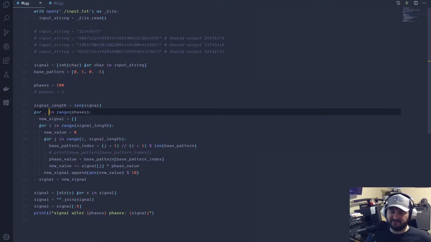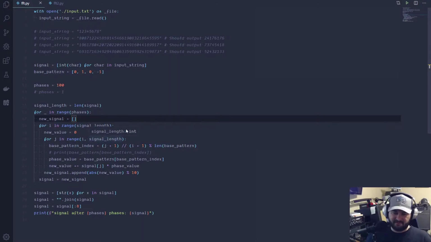I just want to do this 100 times. So for each time that I do it, I'm going to loop over each number. So I'm going to make my new signal as a new list, and every time I loop through, I'm going to create a number and add it to that list. So for digit 1, that's going to make a 4. That's going to go there for the first phase, and then append to that, and then start over again.